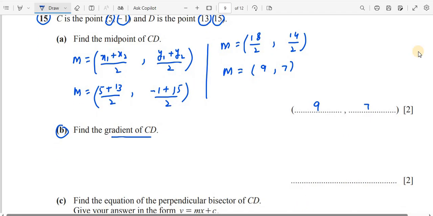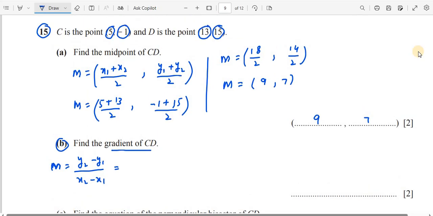So to find the gradient we use a formula. Gradient means m, slope m is equal to y2 minus y1 over x2 minus x1. y2 is 15 and y1 is minus 1, so minus minus is plus, over x2 is 13 minus x1 is 5.